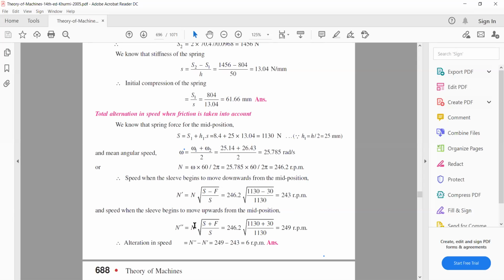Similarly, N double dash equals N into the square root of (S plus F) by S, and that value is 249 RPM. So the alteration in speed is 6 RPM.